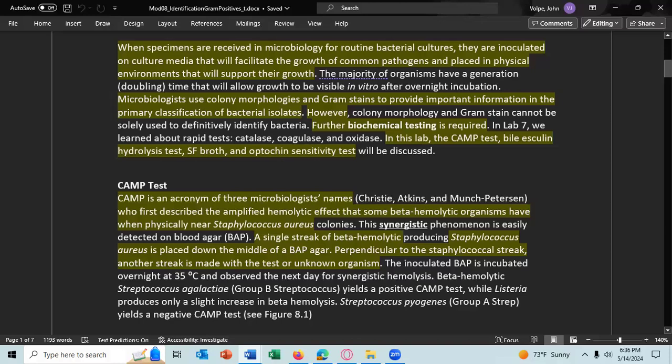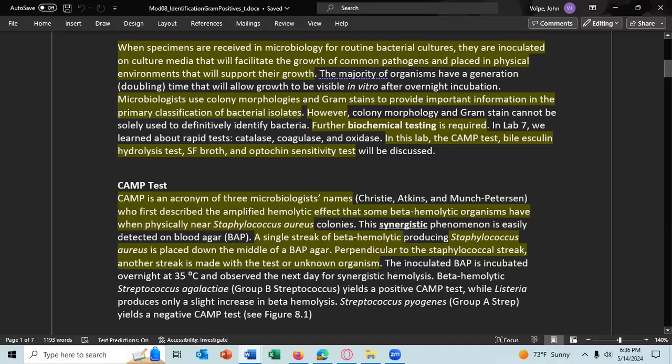However, identification will require further biochemical tests. In this lab, we're going to look at the CAMP test, the bioesculin hydrolysis test, the SF broth test, and the optochin sensitivity test. Any questions about what we're going to cover?